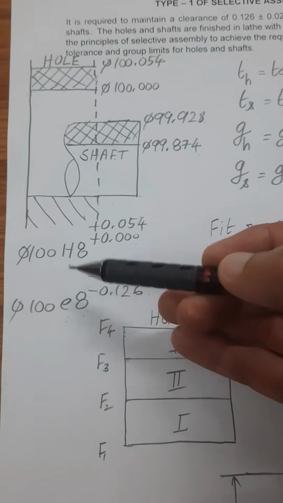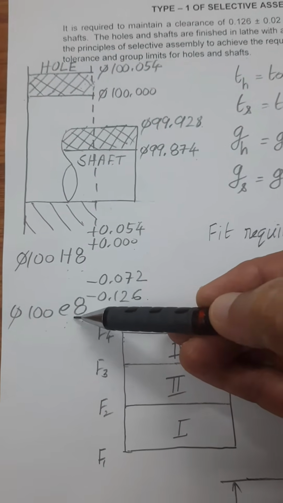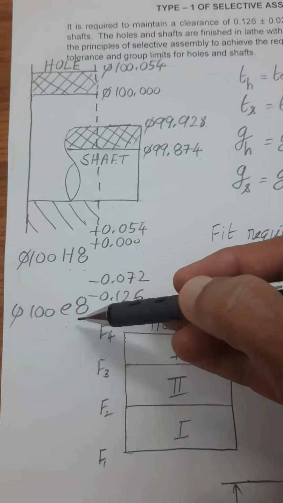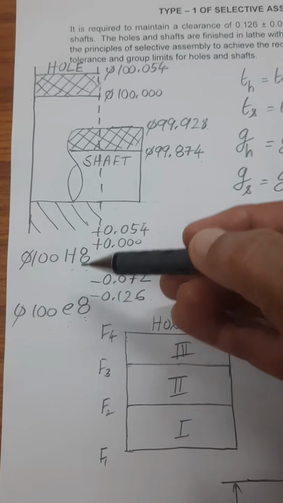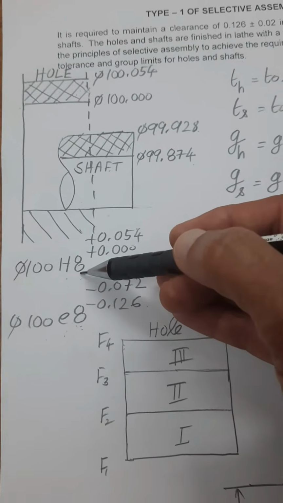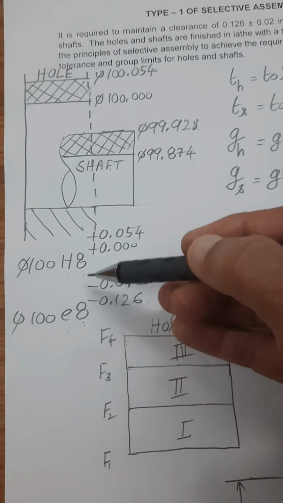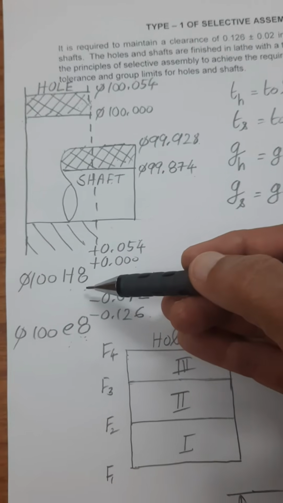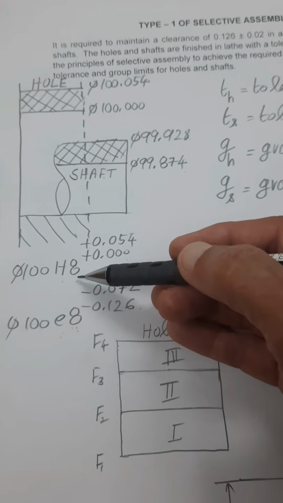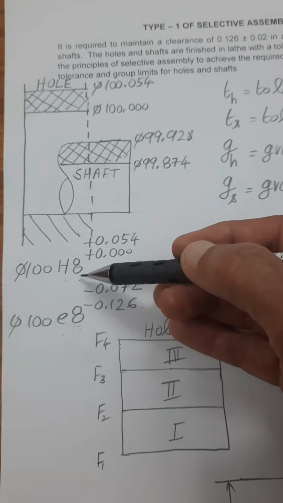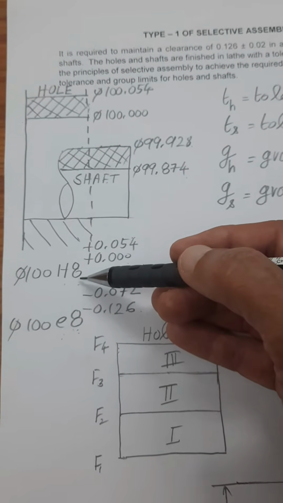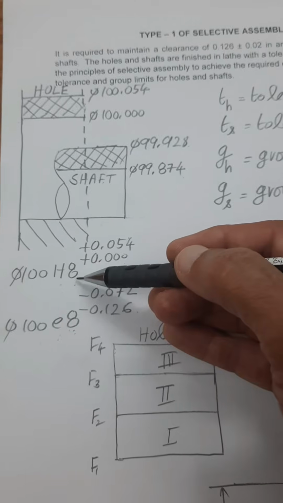For H8 and E8, the IT grade is 8 for both the shaft and hole. So this IT grade 8 can be easily achieved using a lathe. So lathe is a cheaper process to manufacture hole and shaft.